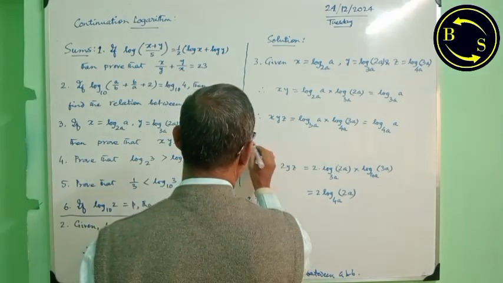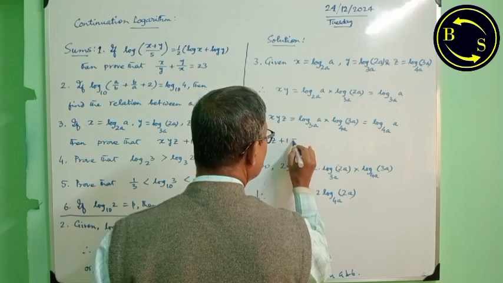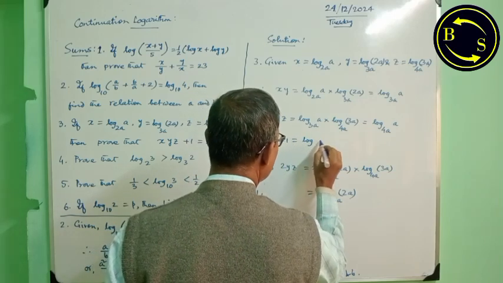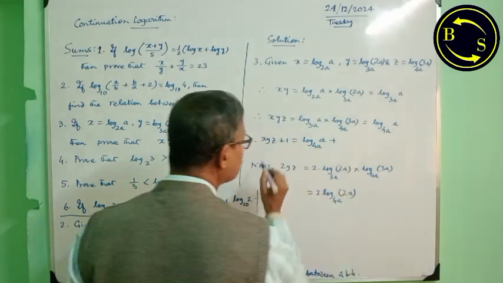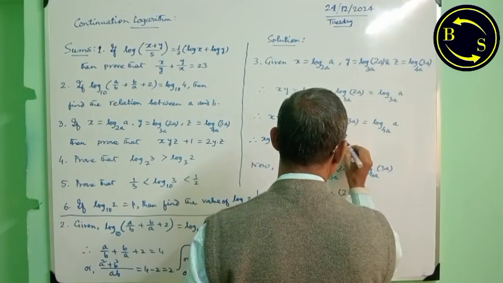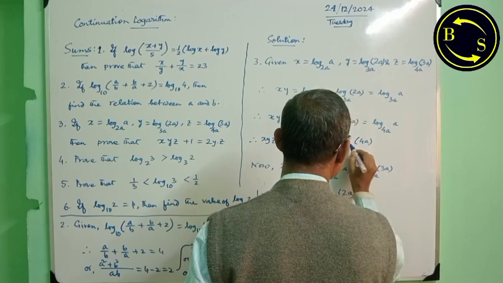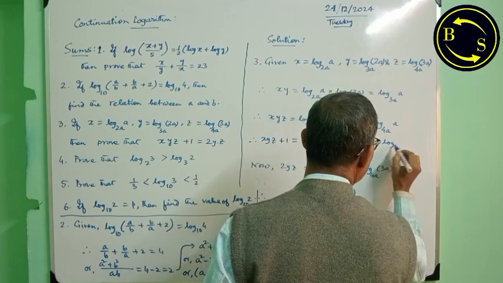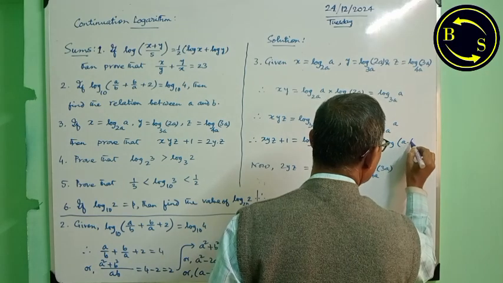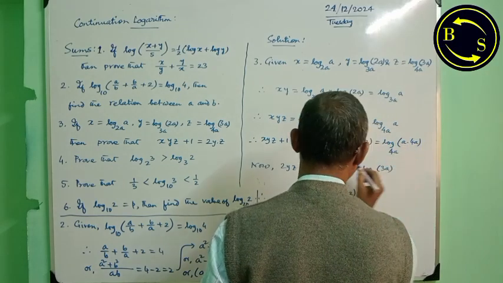Therefore, xyz plus 1 will be log of a to the base 4a plus, in place of 1 we can write, log of 4a to the base 4a. Therefore, it will be log of a into 4a to the base 4a.